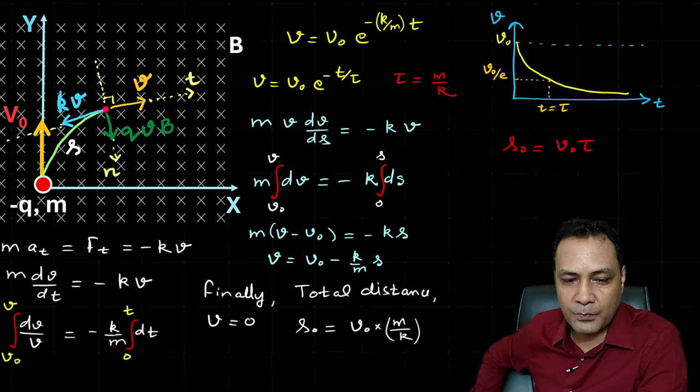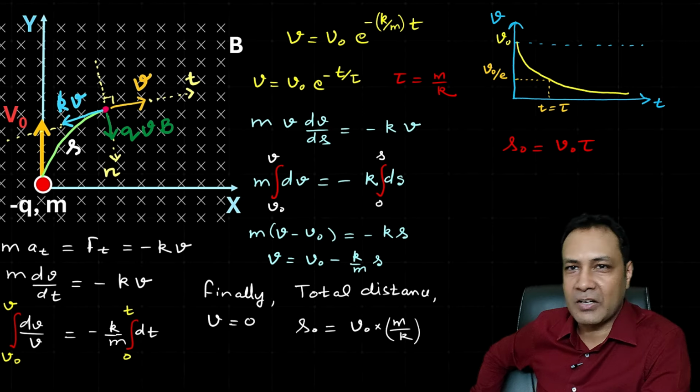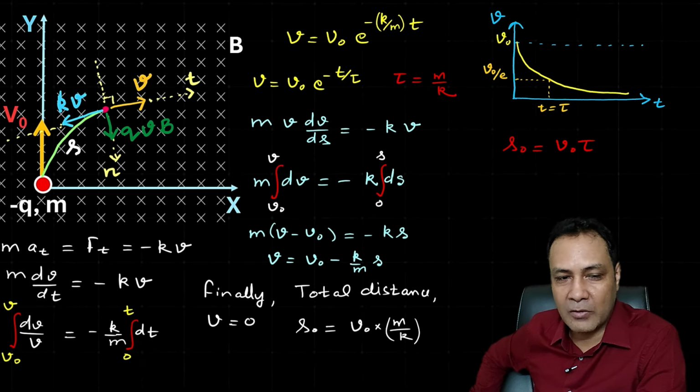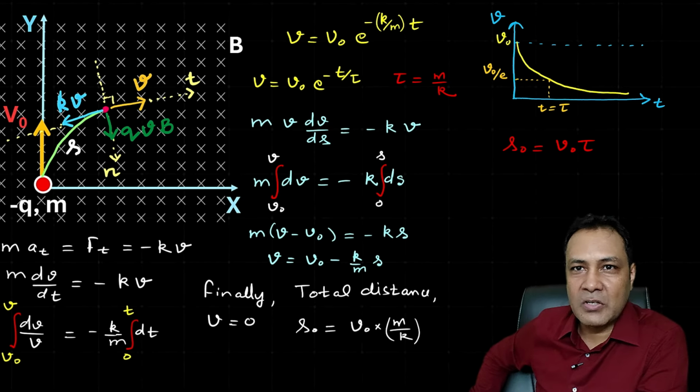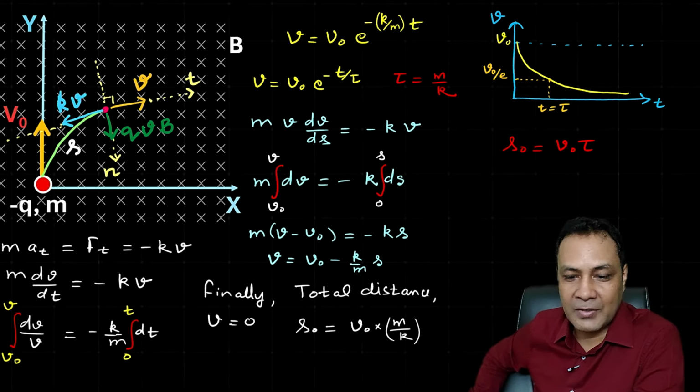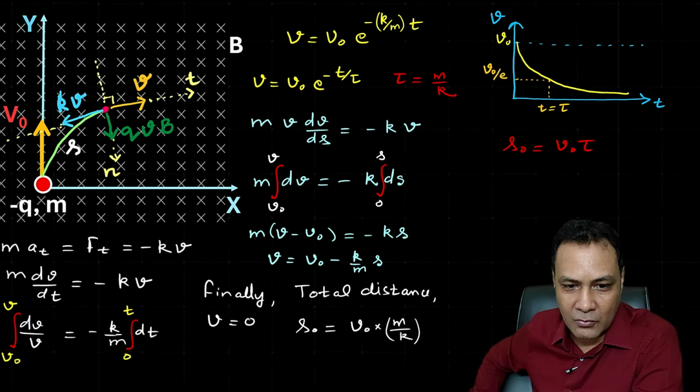Qualitatively we understood the path would be a decreasing spiral. We can also derive it, but that will be very tedious. And we got the velocity as a function of time, the velocity as a function of distance traveled, and also the total distance. So overall a lot of things were there in this question.